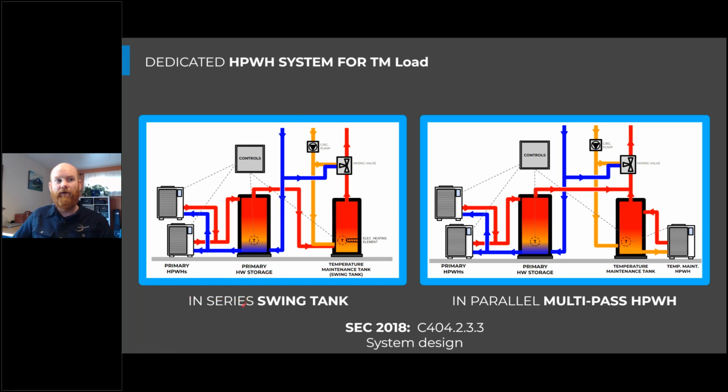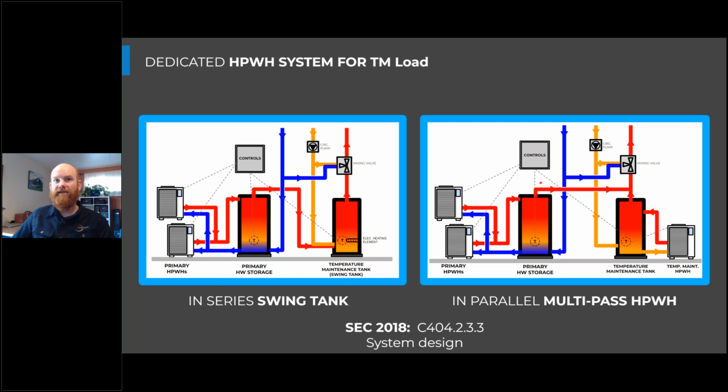Two common approaches are the in-series swing tank, where we have an electric resistance heat source here and we're plumbing this pipe in series, so it's going to the bottom of that tank, or in parallel with a dedicated multi-pass heat pump water heater, as these are really well suited for that recirculation load.